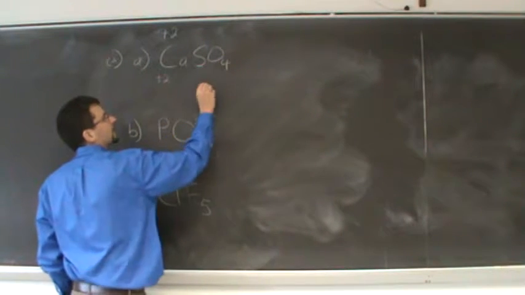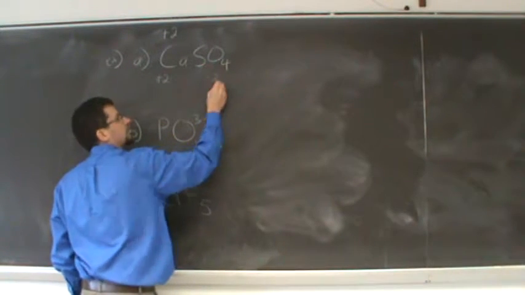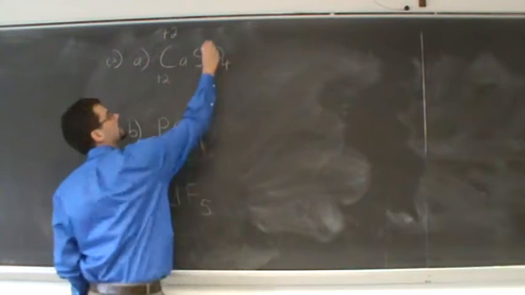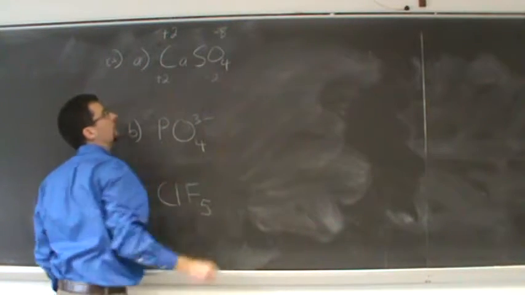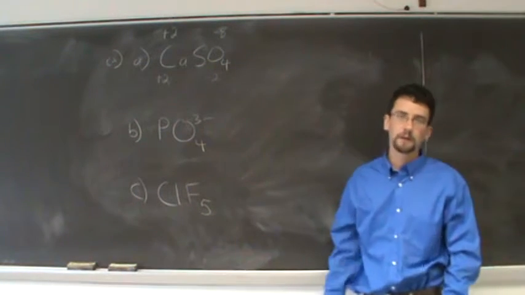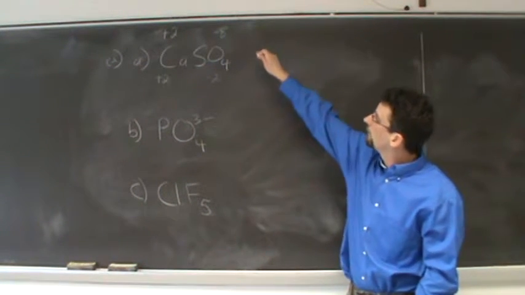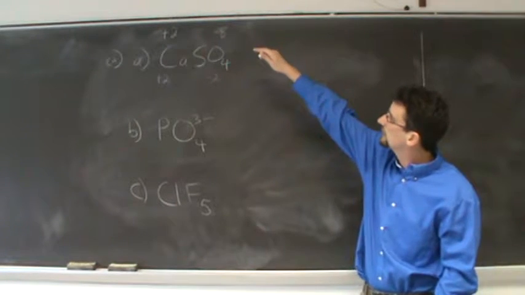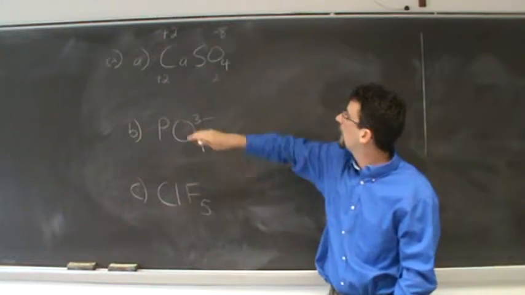When we look at oxygen, oxygen's almost always in a -2 charge. Since we have 4 of them, that's going to be a -8 charge. Now sulfur, if you check the rules for sulfur, we didn't have any, so how are we going to figure that out? Well, we can figure it out from the total oxidation states of calcium and all of our oxygens.